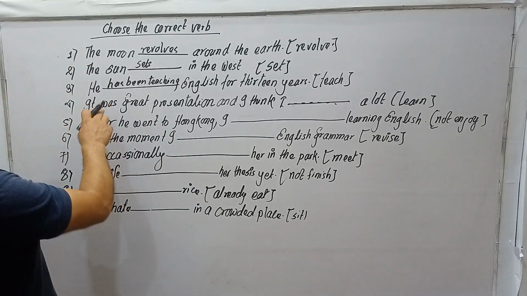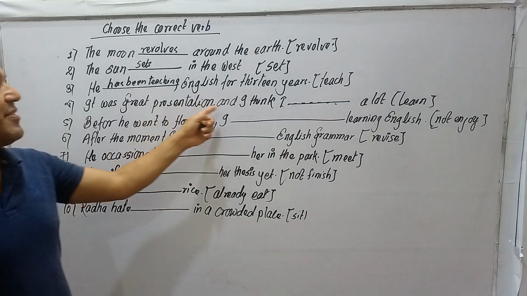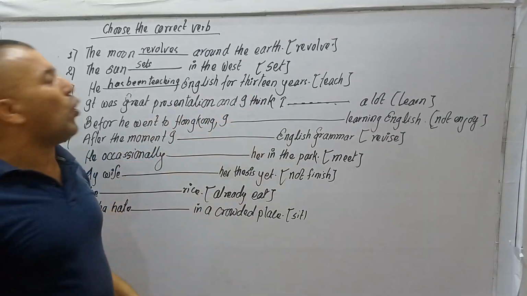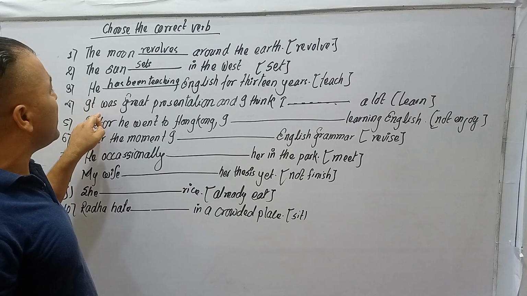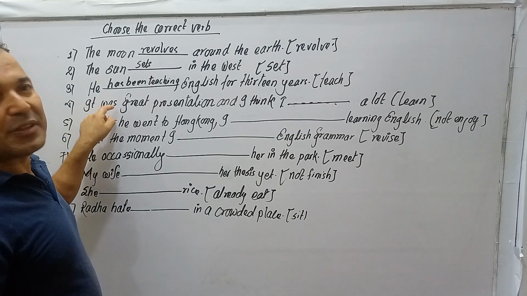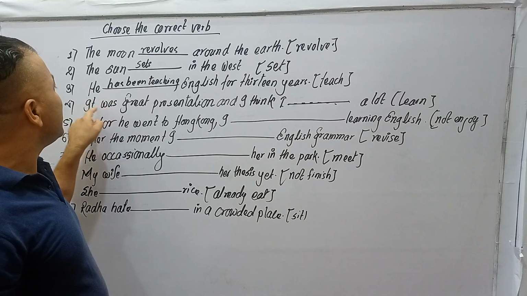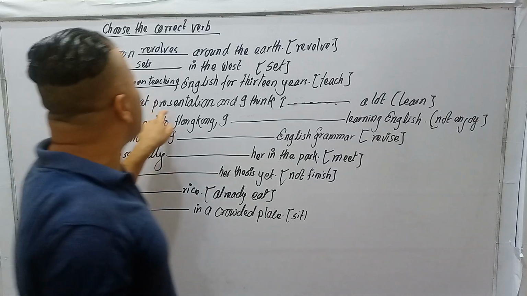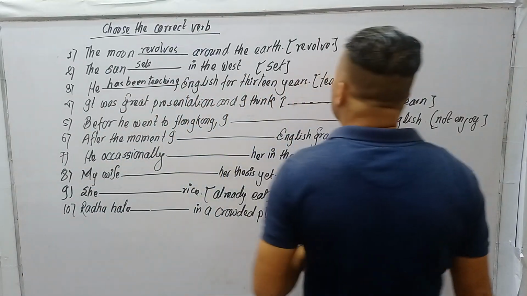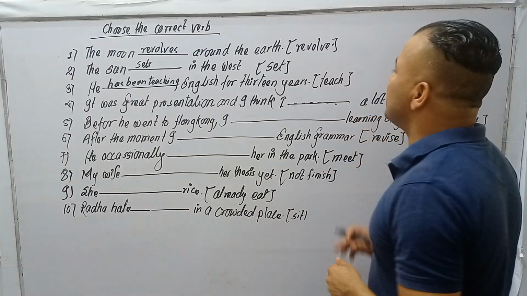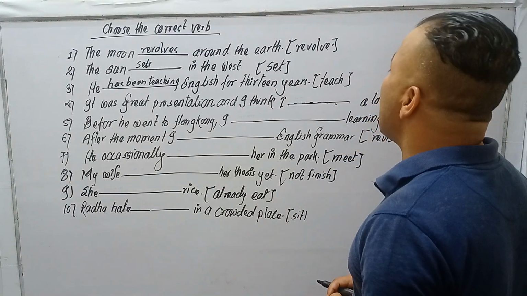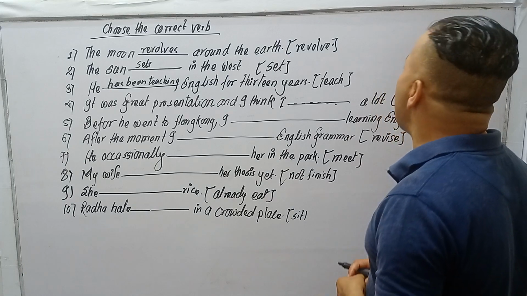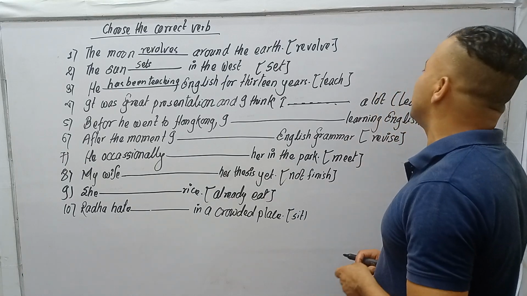It was a great presentation, and I think I had learned a lot. It is generally determined by the past tense, simple past tense. It was a great presentation, that's why I had learned a lot.